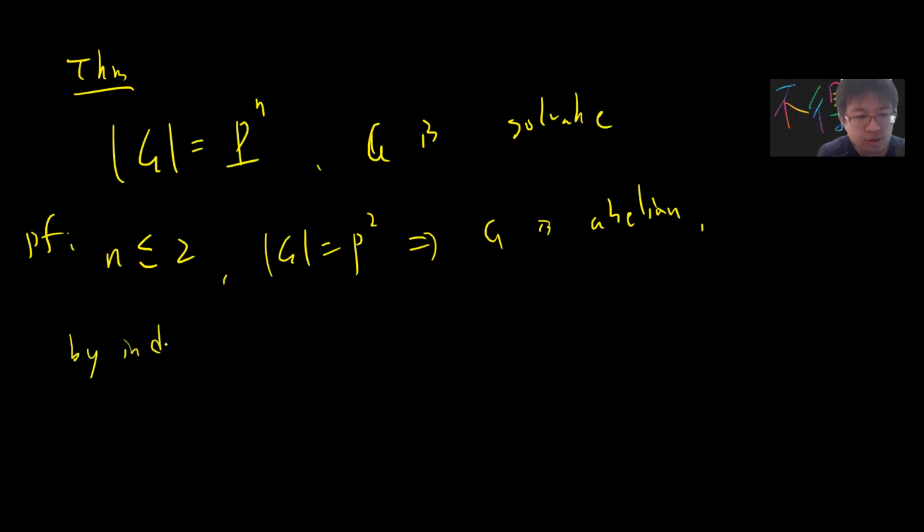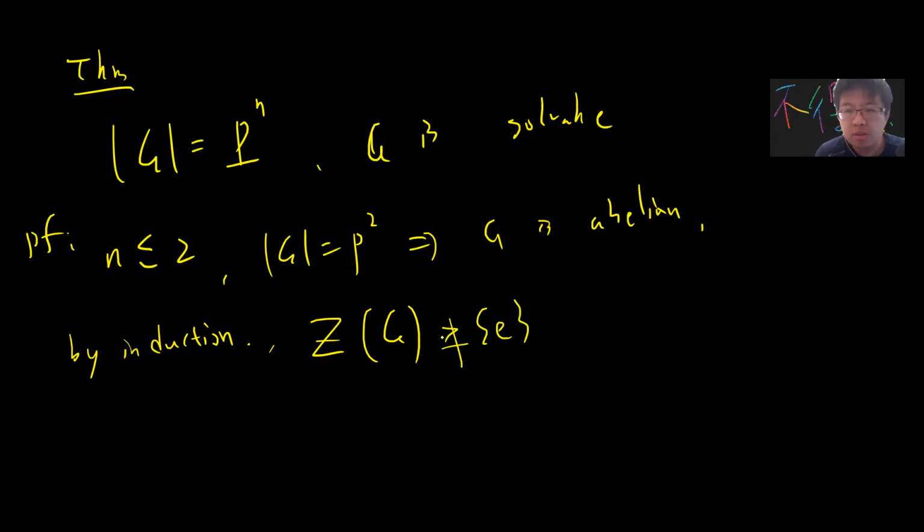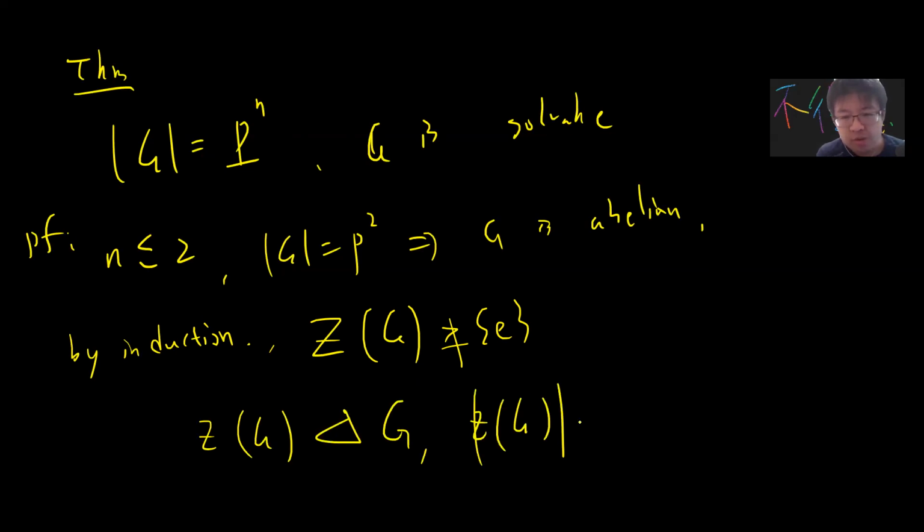By induction and the Sylow theorem, and the classification results, I can take the center of G. When G has order p to the n, this center group must be non-trivial. The center Z(G) is normal in G, and G quotient Z(G) has prime power order, let's say p to the n minus k for some k.